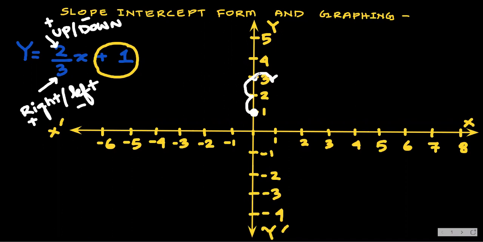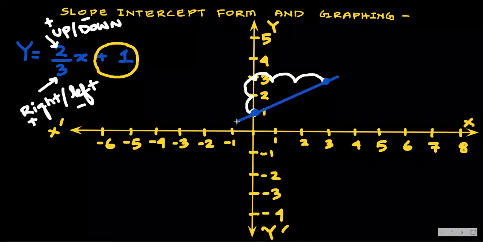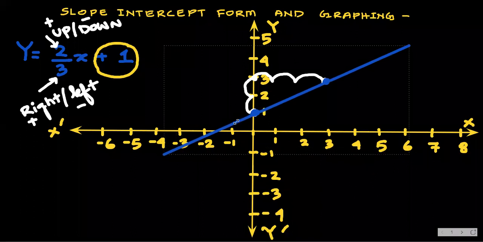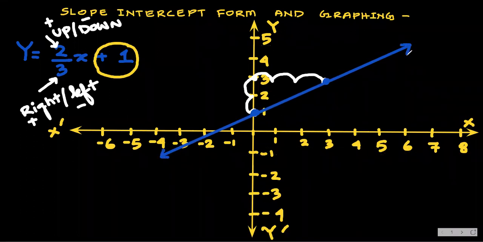So 1, 2, 3 here. And we got 2 points. This one, this one. Join these 2 points by a line and extend the line, and it will give you the graph of the line. So this is y equals 2/3 x plus 1. Done.